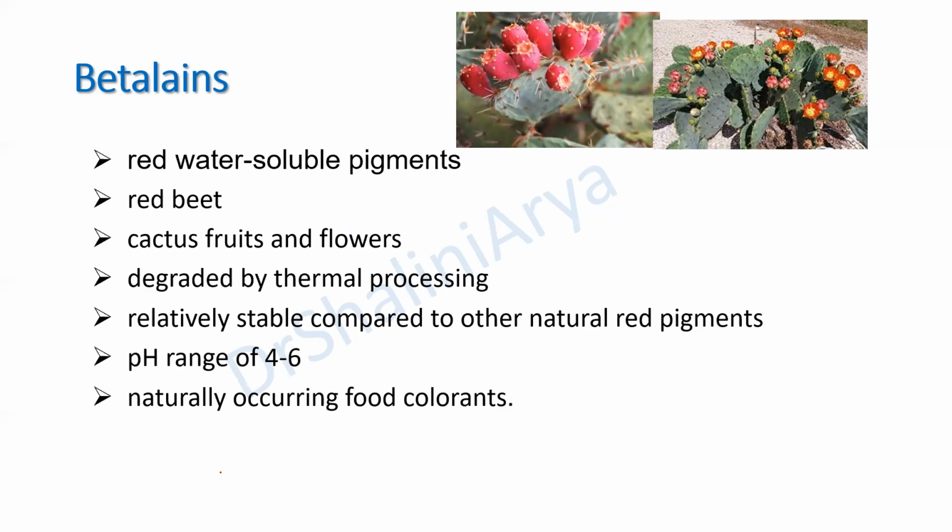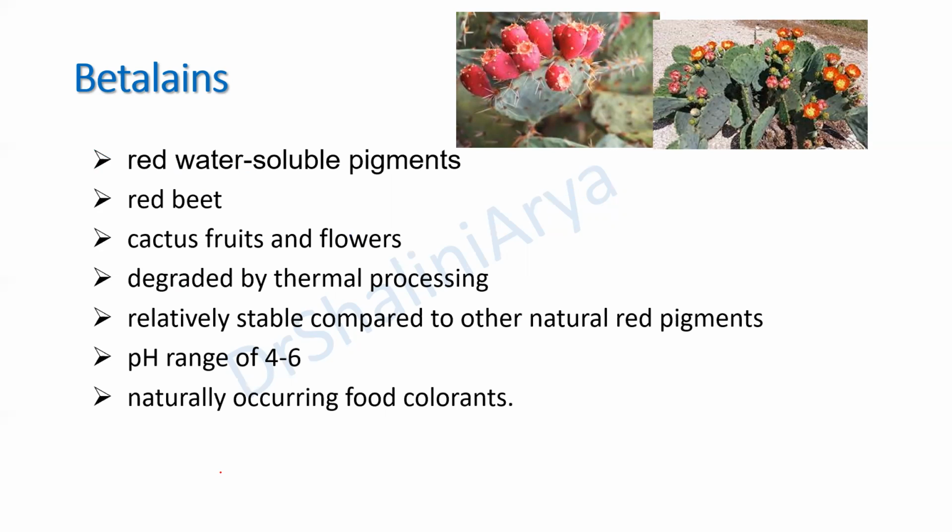They also occur in some cactus fruits and cactus flowers. Like other pigments, betalains are also degraded by thermal processing, but they occur in such high amounts that sufficient pigment remains for coloration. Beetroot or red beets have these betalain compounds in very high concentration, so they are relatively stable compared to other natural red pigments.